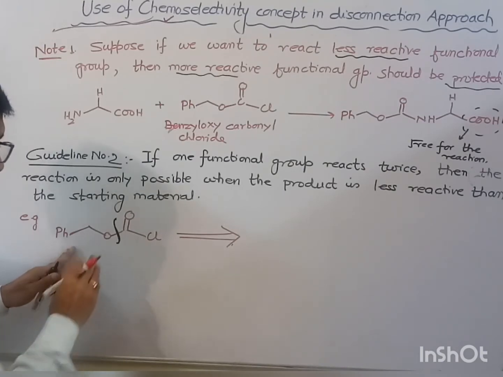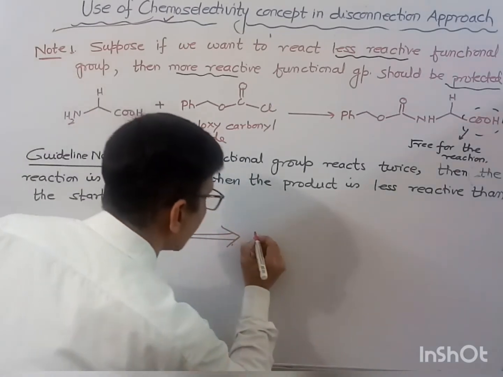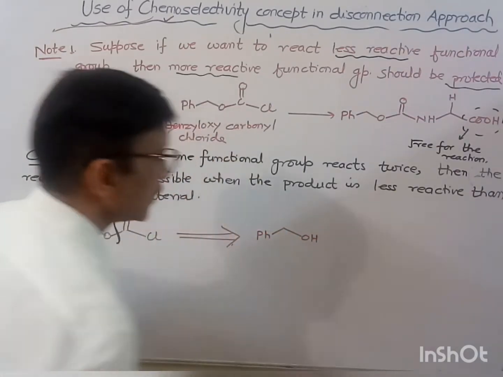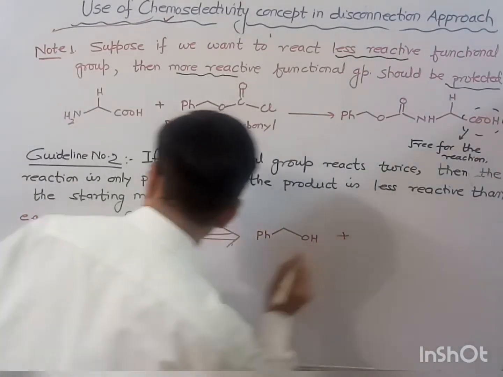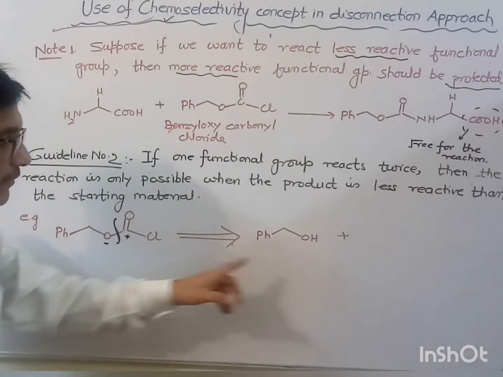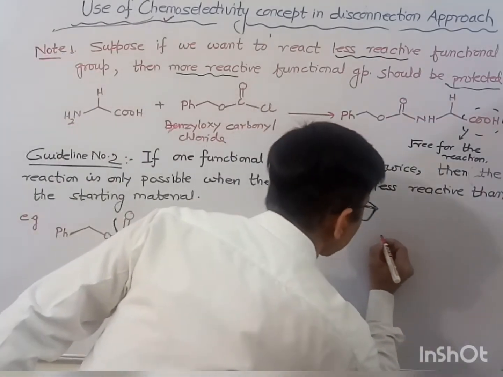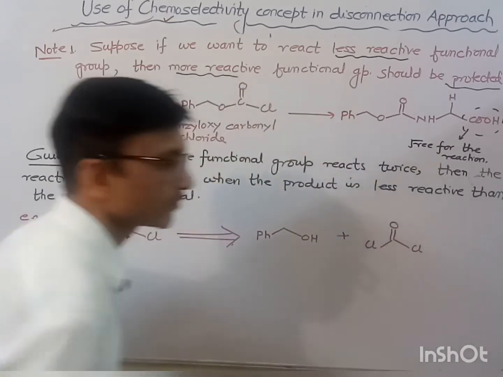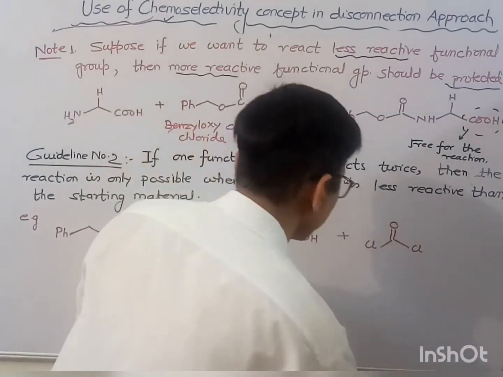So this C-O bond is disconnected, and the synthetic equivalents I can write are benzyl alcohol and, for the positive part, I add Cl minus. So this is your phosgene.